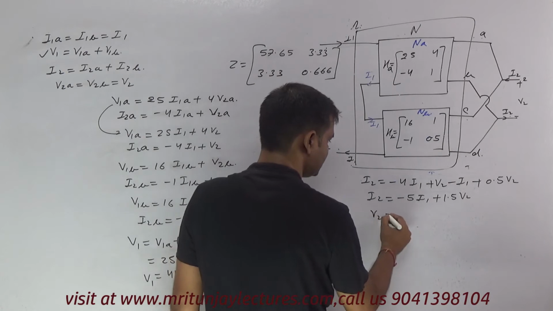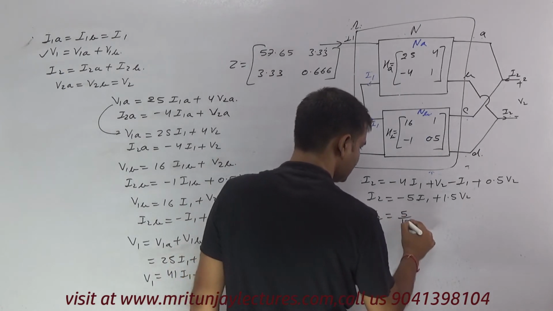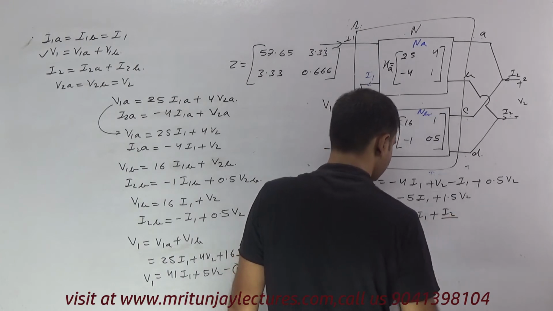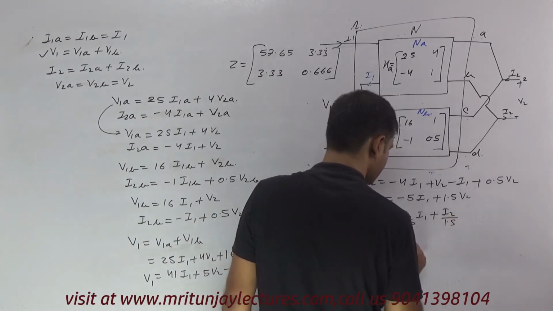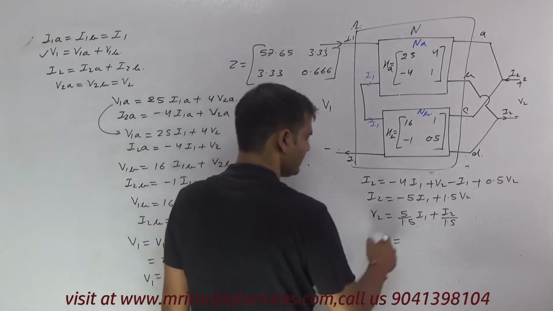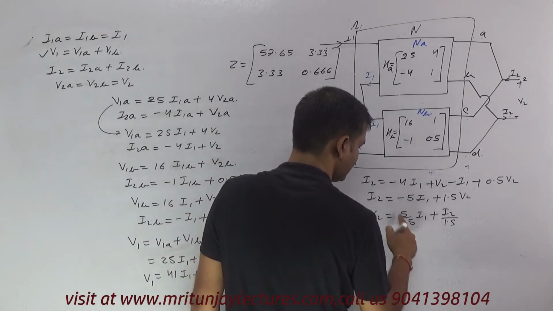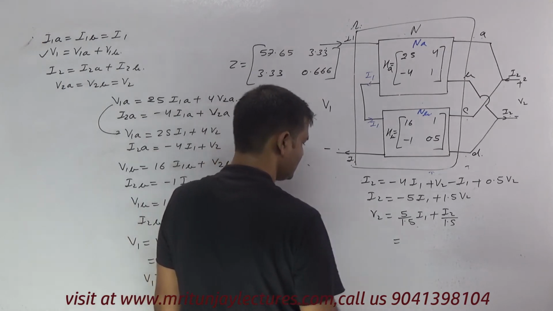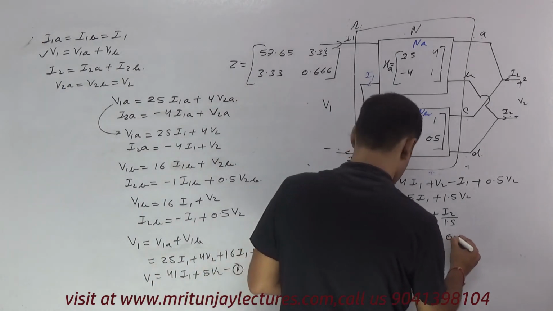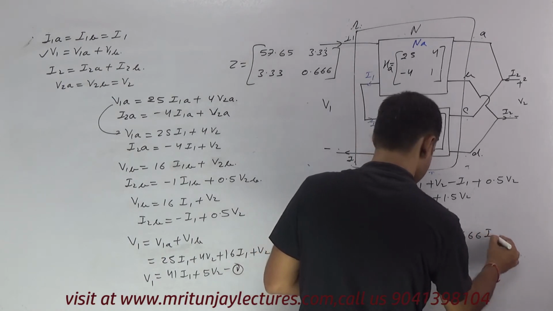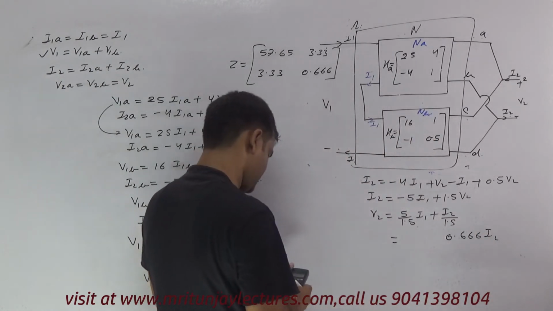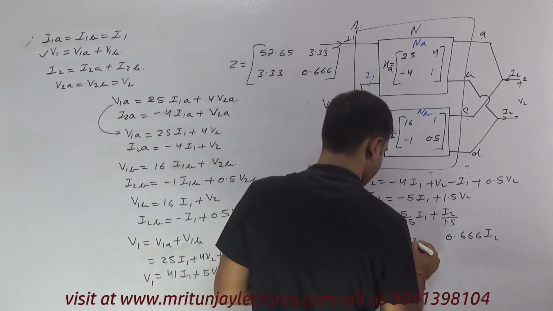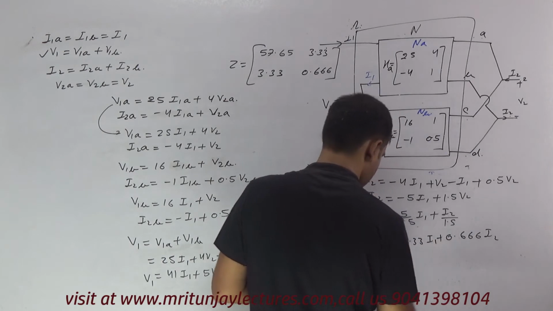So V2 is written as 5 divided by 1.5 I1 plus I2 divided by 1.5. It means 1 divided by 1.5 is 0.666 I2, and here 5 divided by 1.5 is 3.33 I1, that is V2.